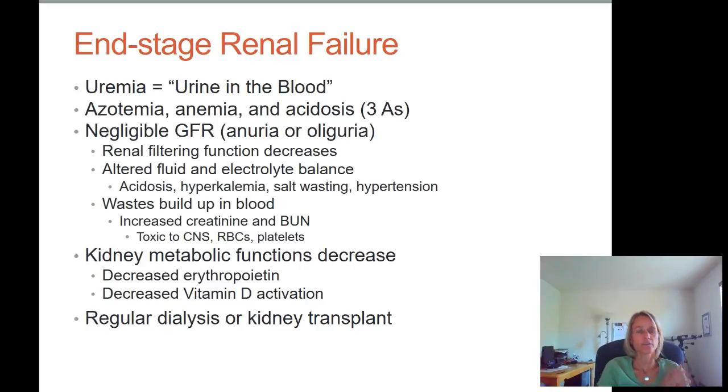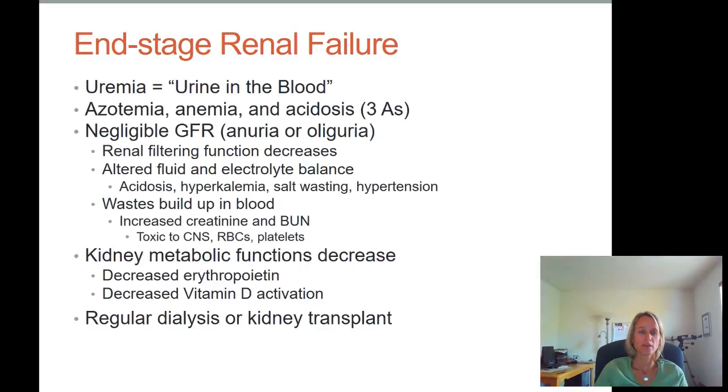End-stage renal failure. So as I mentioned, uremia, urine in the blood, the 3 A's: azotemia, anemia, and acidosis. We have very decreased GFR, so anuria or oliguria. Renal filtering function decreases. We have altered fluid and electrolyte imbalance leading to acidosis, hyperkalemia, sodium wasting, and hypertension.